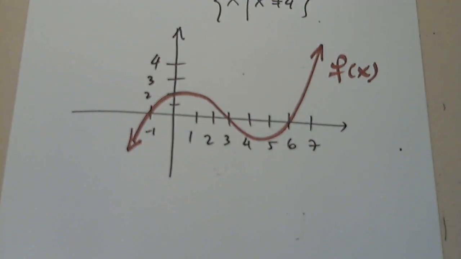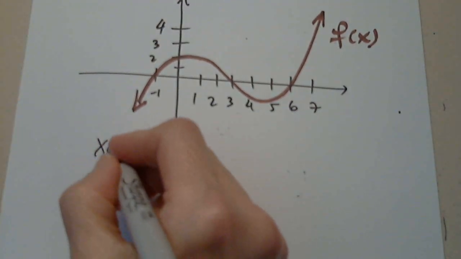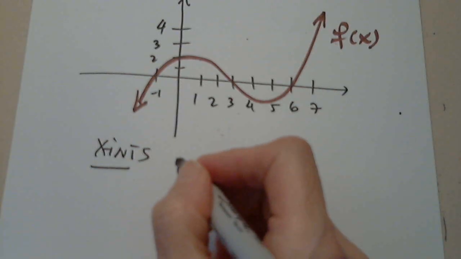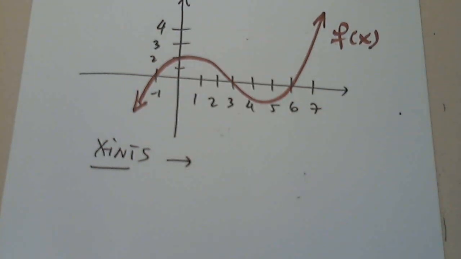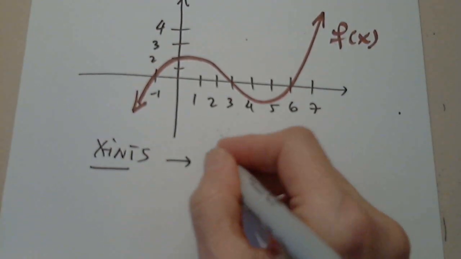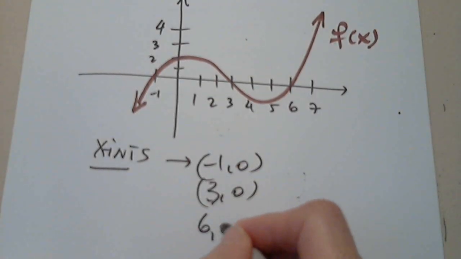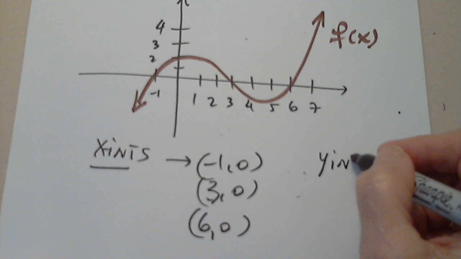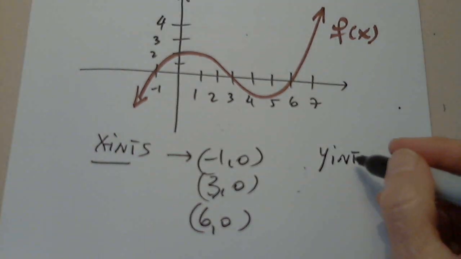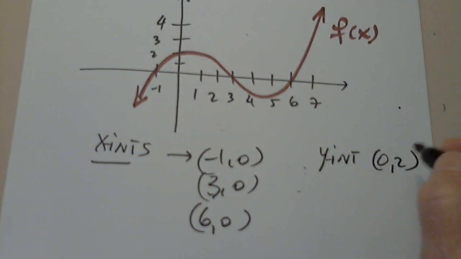I'm going to ask several questions here. Can anyone identify the x-intercepts as ordered pairs? Negative 1, 0, and 3, 0, and 6, 0. Can anyone identify the y-intercept? 0, 2. Perfect.